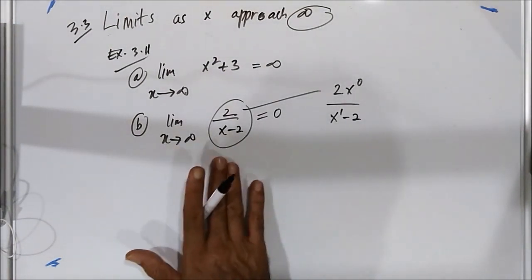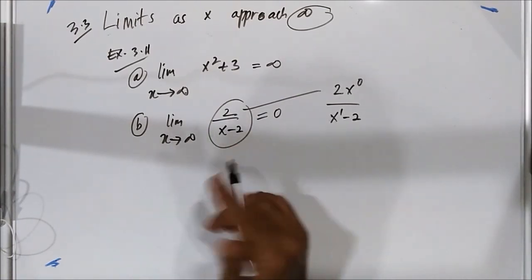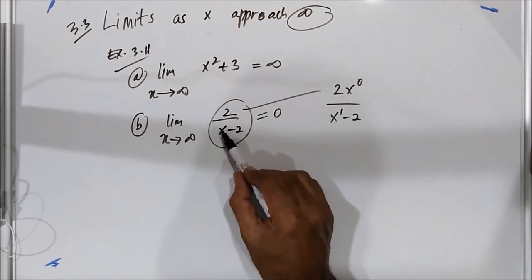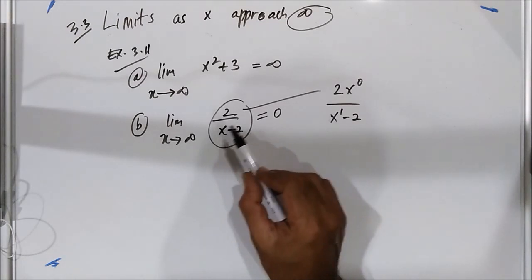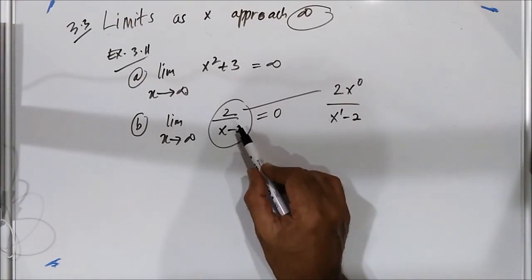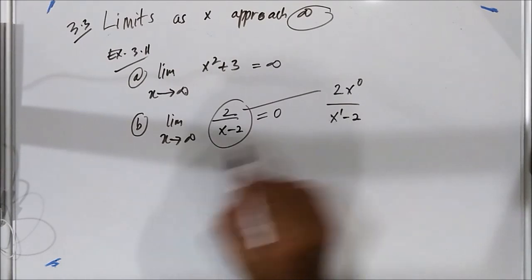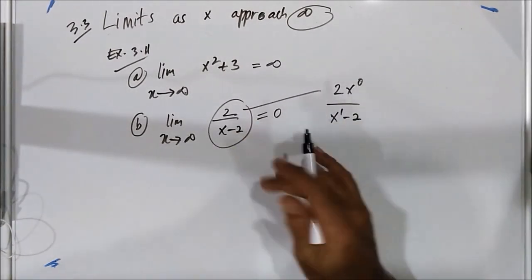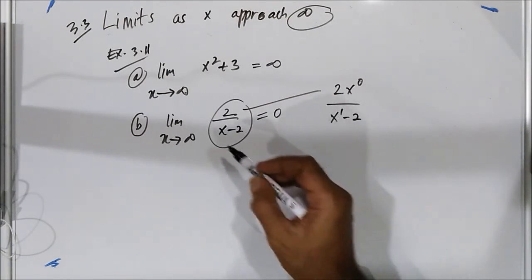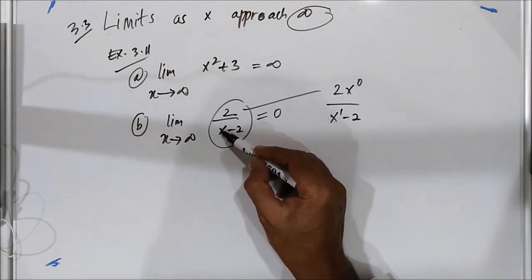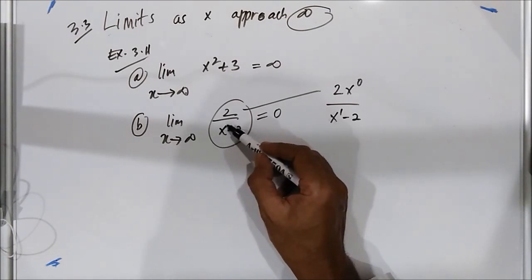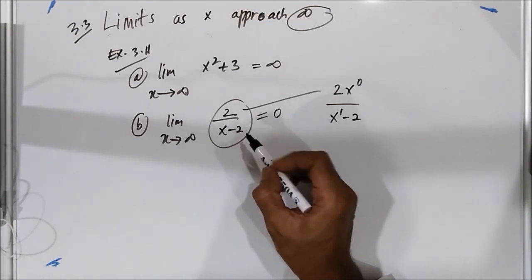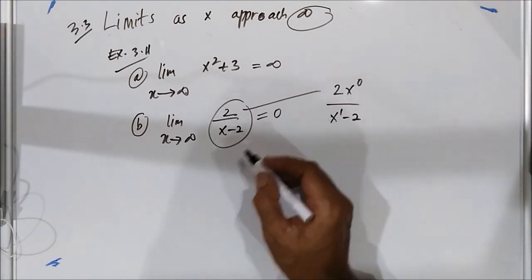To solve the rational function here, we look at x: the highest power here is x raised 1, or x to the power of 1. So divide everything by x to the power of 1.